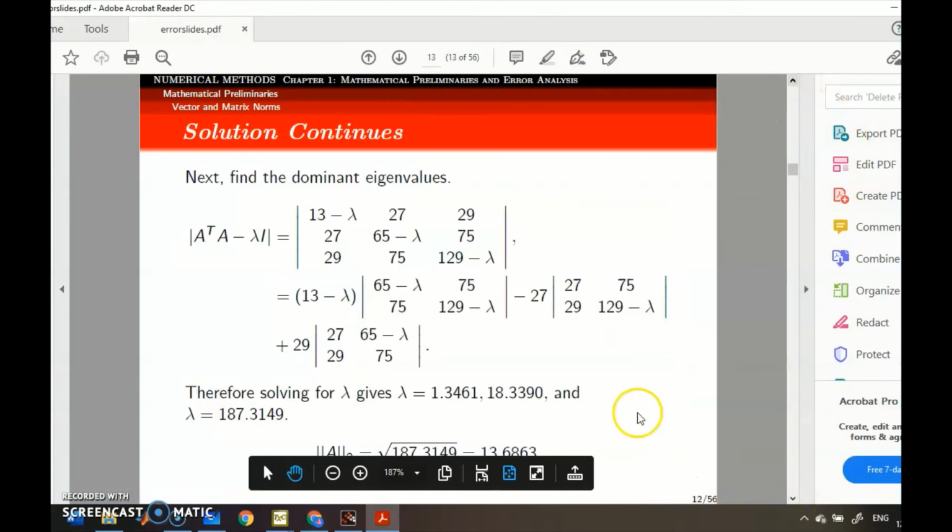What is the solution? I cannot see it. Let's zoom in. Okay, the solution here is 13.6860. If you can see, I don't know why I have this thing here. I don't know how to remove it for now.